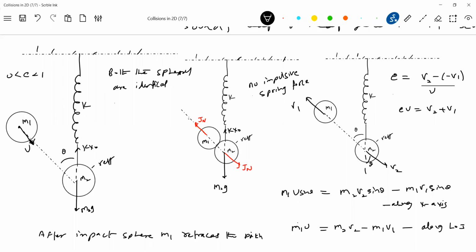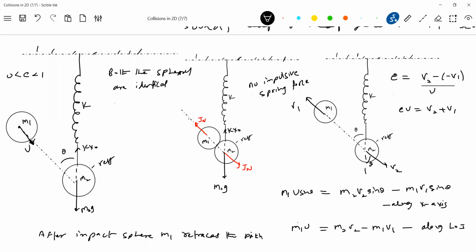Is linear momentum conserved along y-axis, sir? On y-axis, sir, you can write. Again the same equations will come, no? Along x, along y, along line of impact, you see. m1 u1 cos theta, the same equations. Momentum is conserved along x, along y, along line of impact.